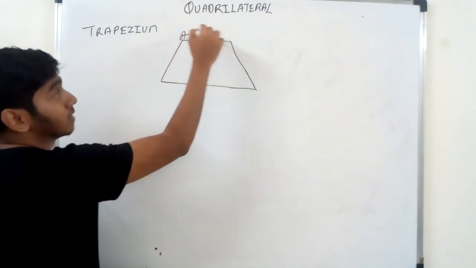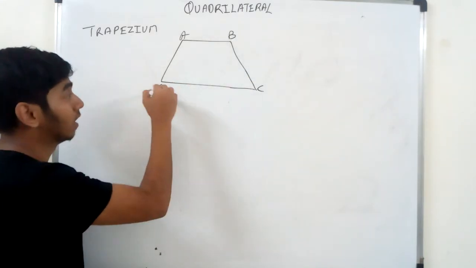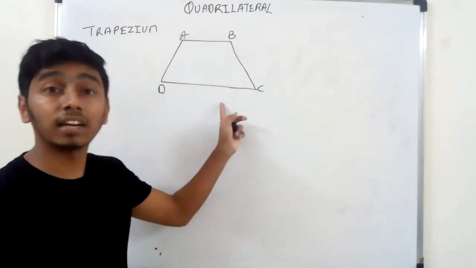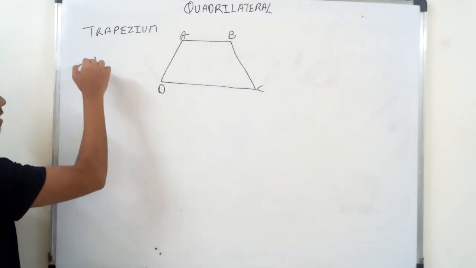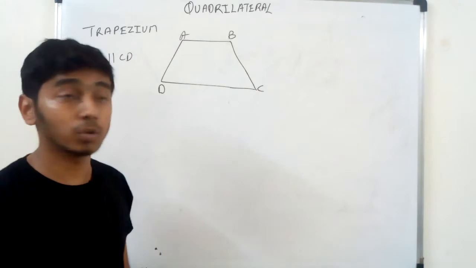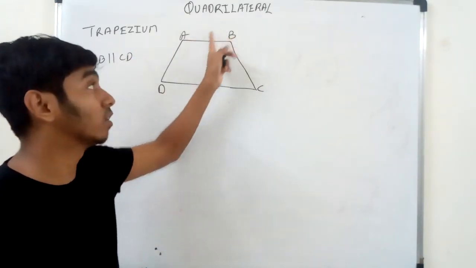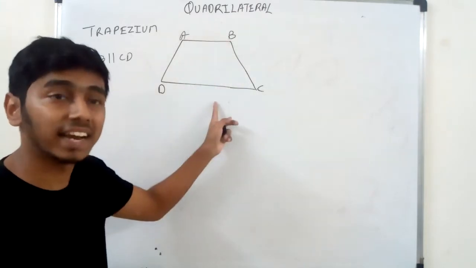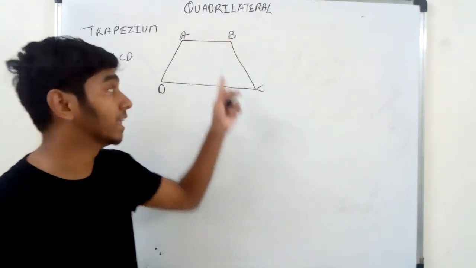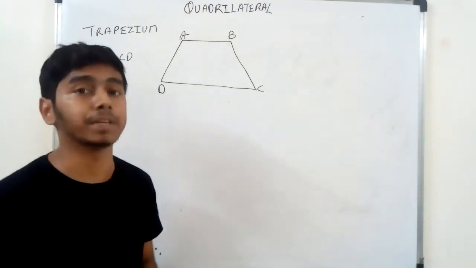So if I name this as A, B, C, D, then I can call this a trapezium if AB is parallel to CD. So what is a trapezium? If one pair of opposite sides are parallel, then the given quadrilateral is called a trapezium.